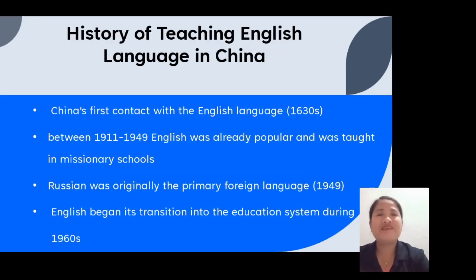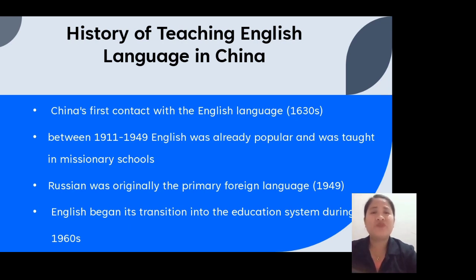So, before we tackle the English language teaching approaches in China, first, let's talk about the history of the English language in China, or shall we say, how this language came to China. China's first contact with the English language occurred between Chinese and English traders, and the first missionary schools to teach English were established in Macau in the 1630s.